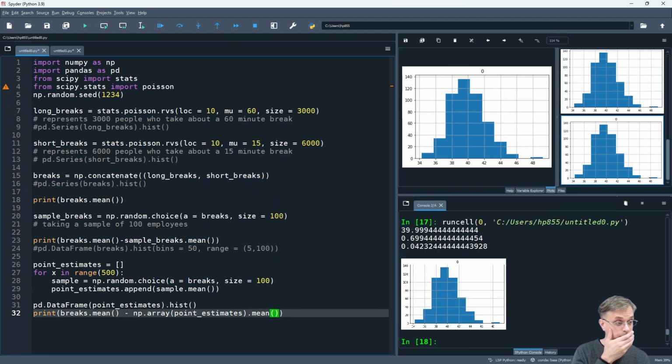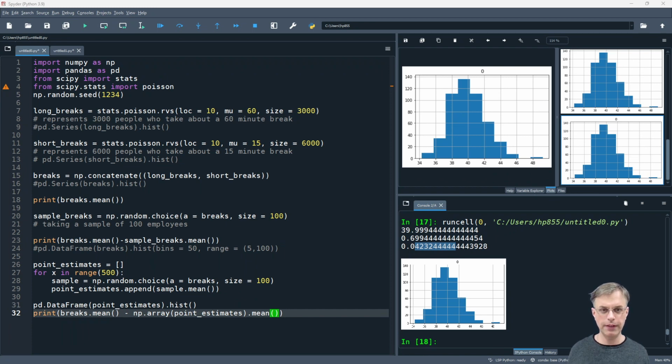Let's see. So yeah, here we go. The difference is going to be just 0.42 minutes. This is actually a very exciting result because it means that we can get even closer than a single point estimate by taking multiple point estimates and utilizing the central limit theorem. In general, as we increase the number of samples taken, our estimate will get closer to the parameter, the actual value, as well.